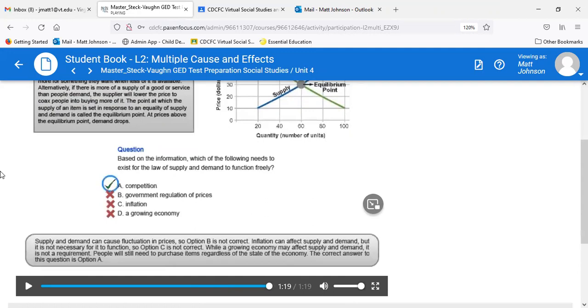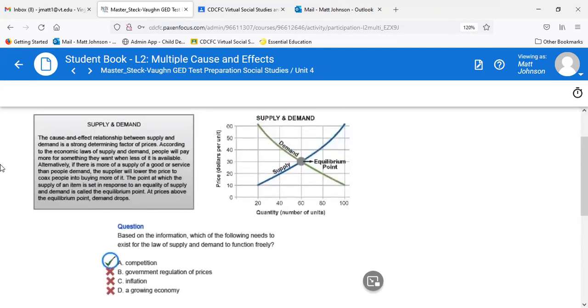Yeah, so that helps with setting prices, right? We talked about that, competition, and this supply and demand is largely responsible for the price of anything. And I mentioned gas yesterday, right?